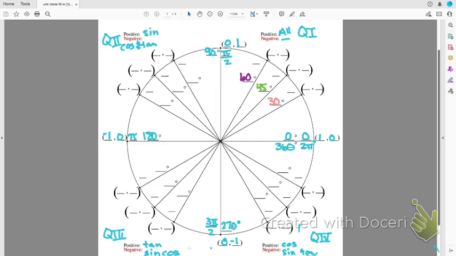And if I were to ask you, what is the sine at 0 degrees? Well, sine is opposite over hypotenuse.